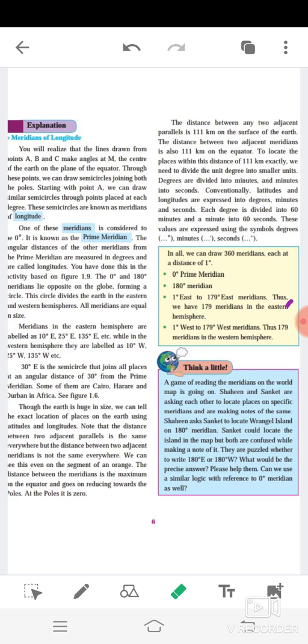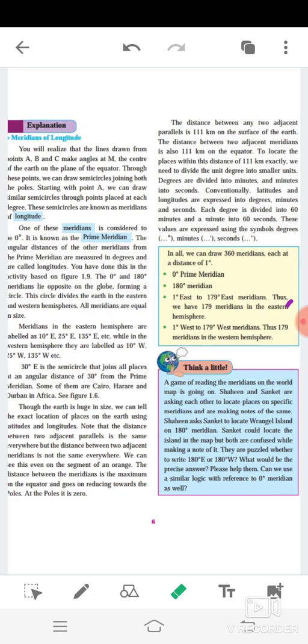Each degree is divided into 60 minutes and each minute into 60 seconds. Degree is written with this symbol. Minutes are written with a single comma-form symbol and seconds with a double comma-form symbol.